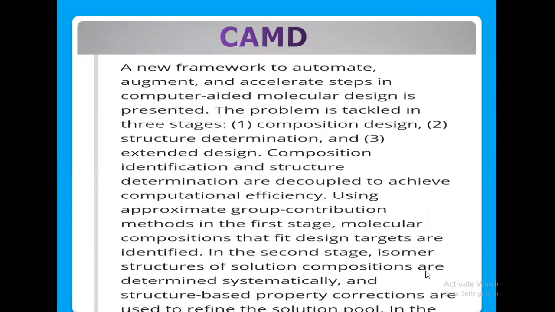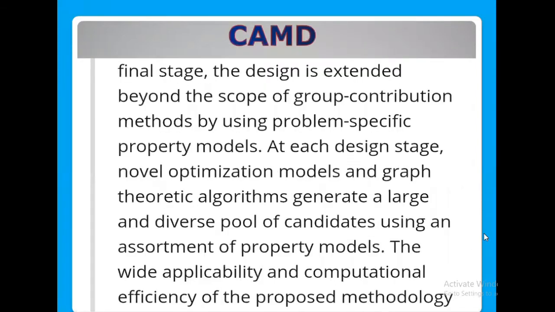Then it is used to refine the structure of the molecule. Then the third stage, that is the final stage. In the final stage, the design is extended beyond the scope of group contribution methods, that is, anything beyond the scope is handled to determine the extra design in that structure, by using problem-specific property models.